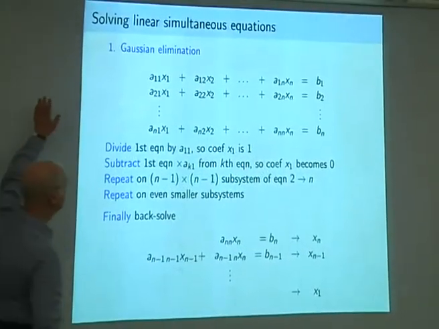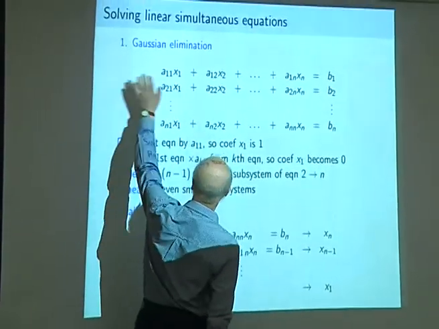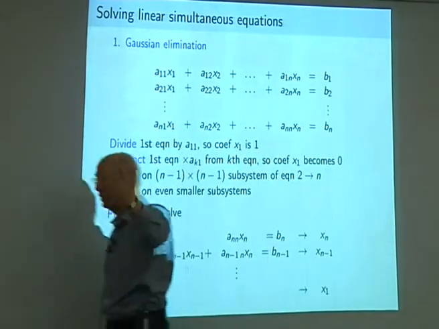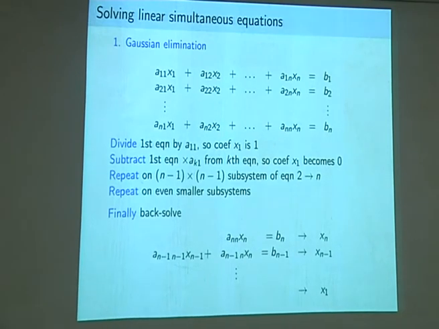So what do you do to solve these matrices? This linear system of A times X equals B. You take the first line and you divide the first line by A11. So the coefficient of X1 now on the first line becomes 1. So you divide the whole line. That doesn't change the solution at all.